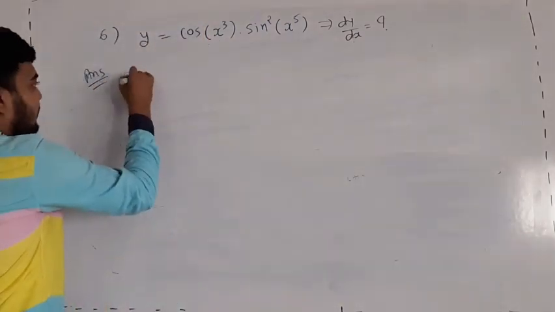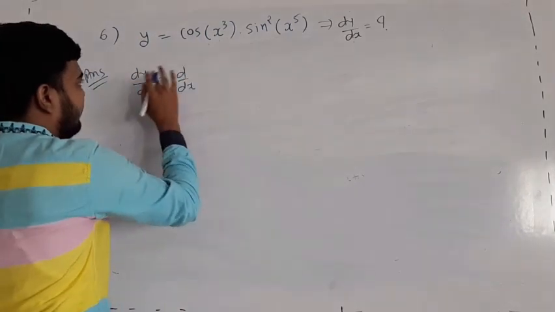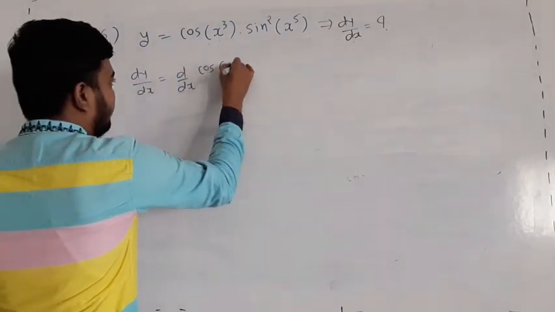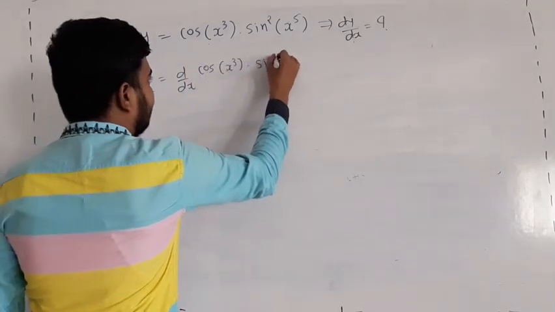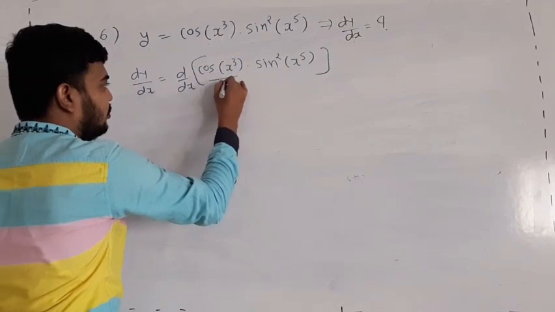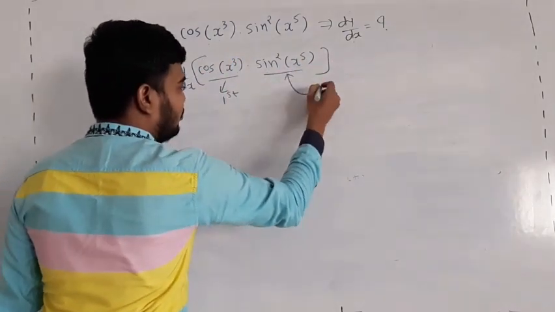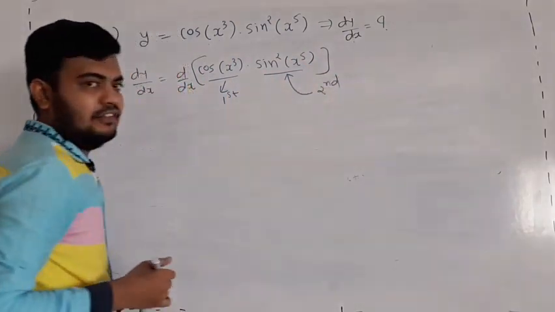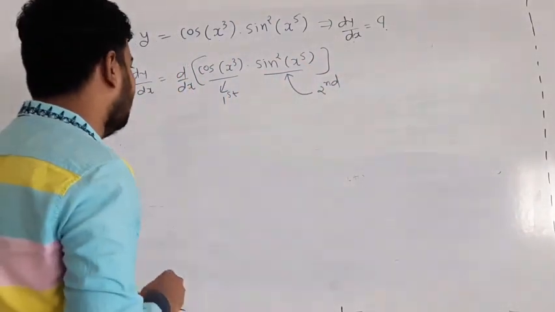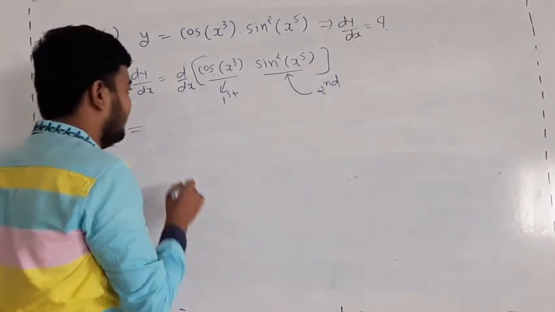So dy by dx is equal to d by dx of, put the value of y, cos of x cube into sine square of x raised to 5. So here cos of x cube is our first function, sine square of x raised to 5 is our second function. So recall the multiplication rule. What is the multiplication rule, beta?